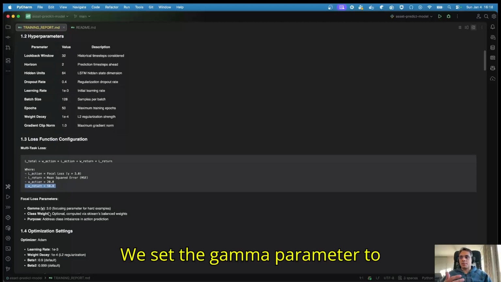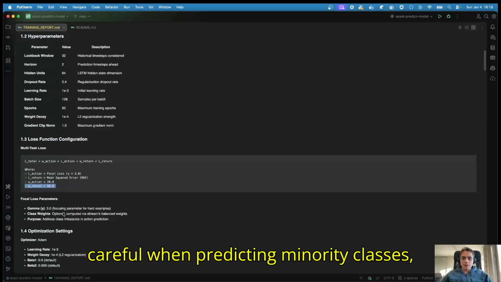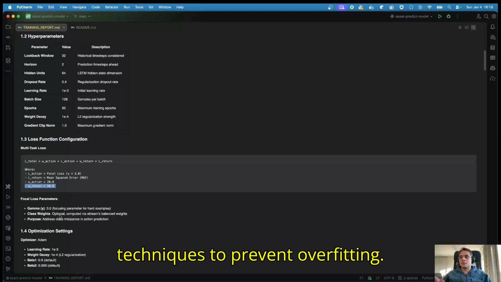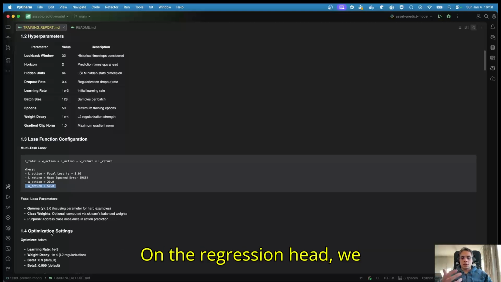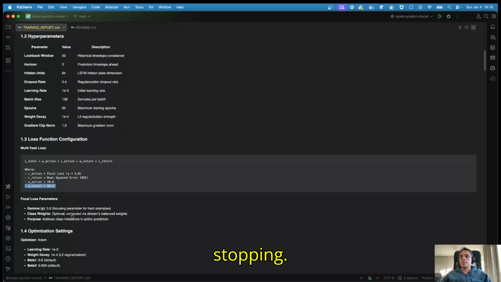We set the gamma parameter to 3, which makes the model more careful when predicting minority classes. And we also use several regularization techniques to prevent overfitting on the regression head. So we have a dropout of 0.4 with decay, gradient clipping, and early stopping.